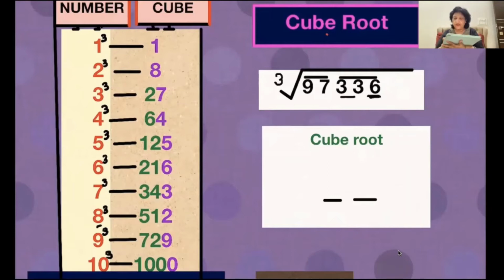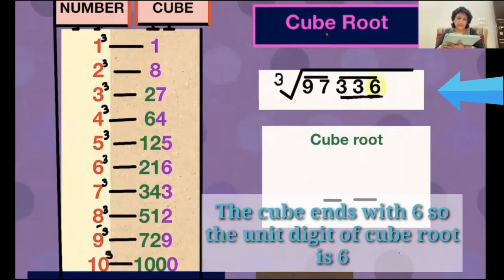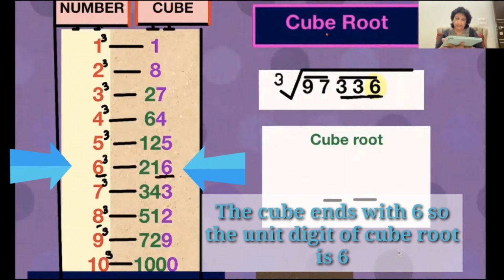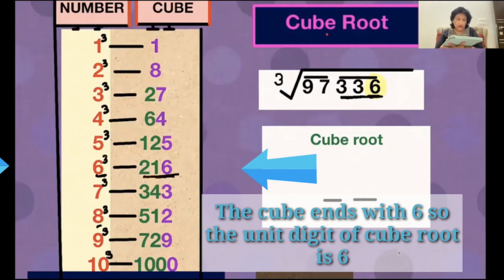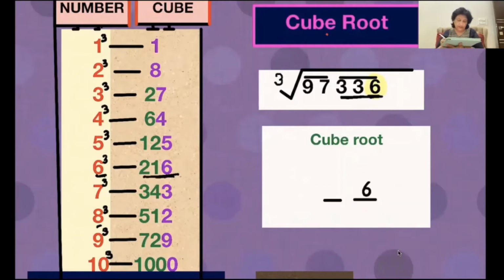Just observe the extreme right group, and this group has 6 at its units place. 6 cube has 6 at its units place. That means the cube root of a number ending with 6 will also have 6 at the units place. So we have found the units place of its cube root.